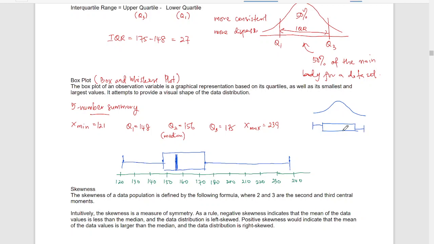Okay, kalau tertabur secara normal, maka data you punya median akan berada di tengah-tengah kotak dan panjang whisker mesti sama, kiri dan kanan. If your data is skewed to the right, something like this, then your distribution will look something like this according to the box and whisker plot.